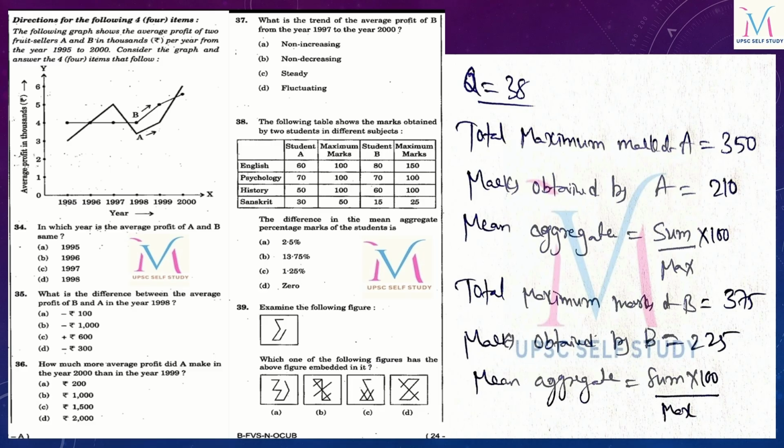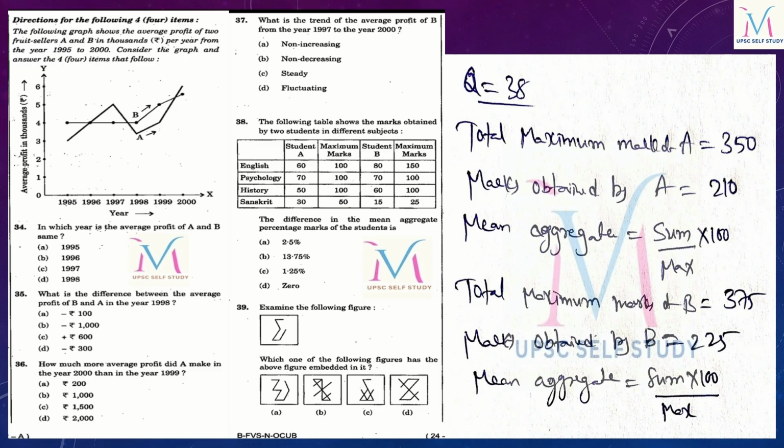So this question is regarding A. If you look at the graph, the average profit of A is maximum, 6000, in the year 2000, and in the year 1999 it is exactly at 4000.